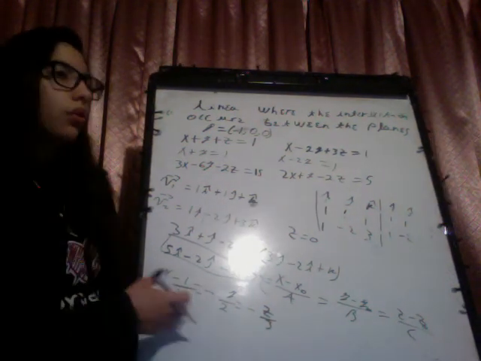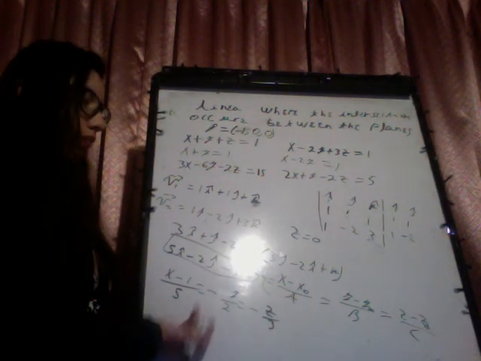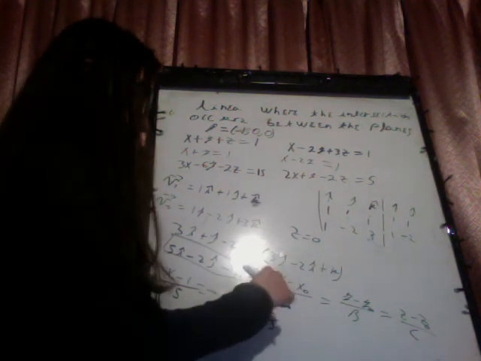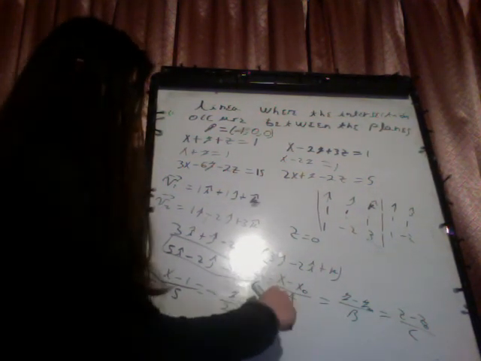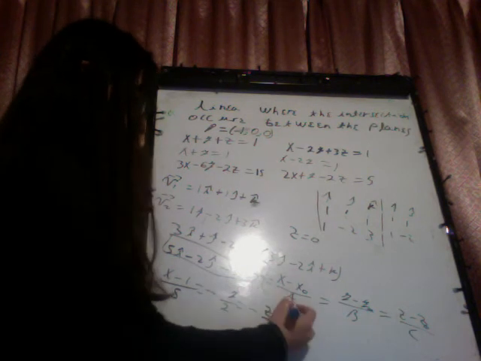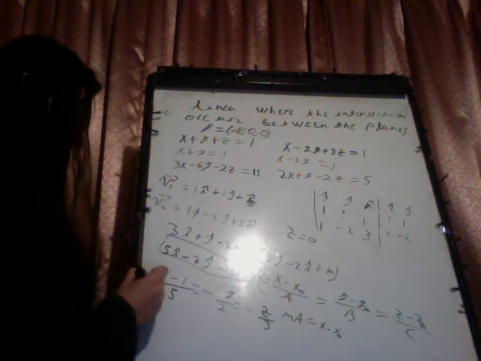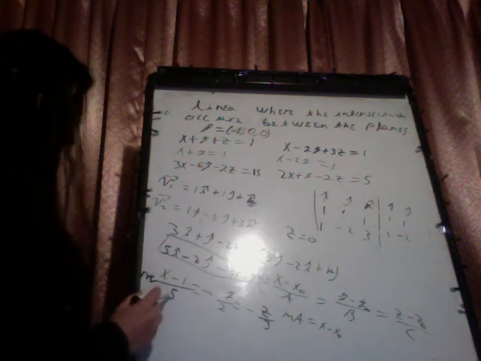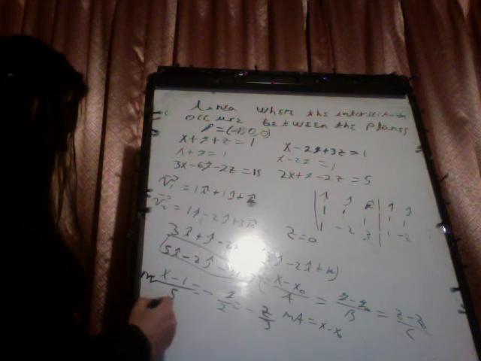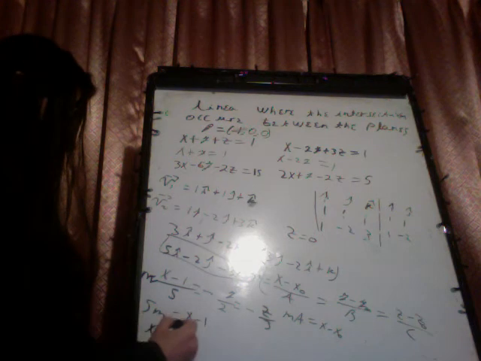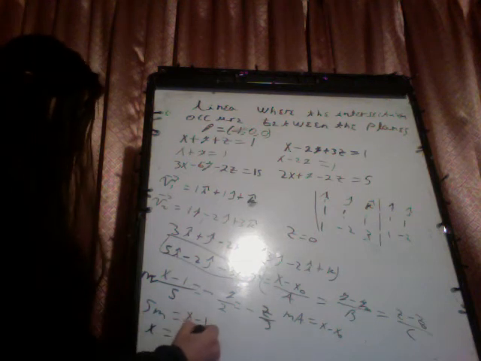If you want to now put it in the parametric equations of the line, remember that m equals x minus x naught over a, so you can put m times a equals x minus x naught. So here, let's put m, so you can do 5m is equal to x minus 1, so x is equal to 5m plus 1.